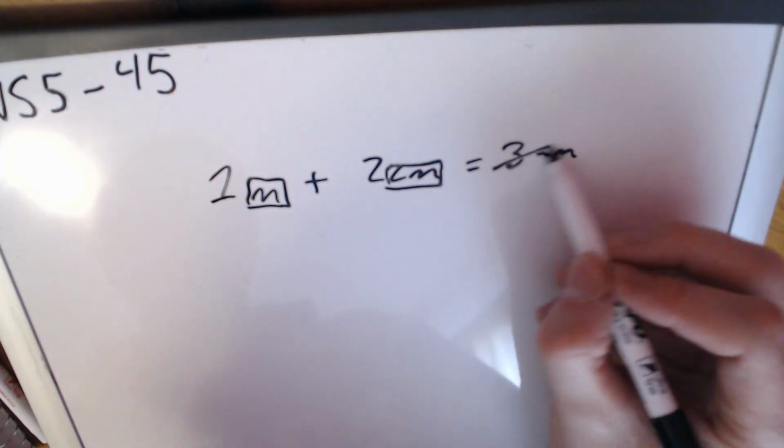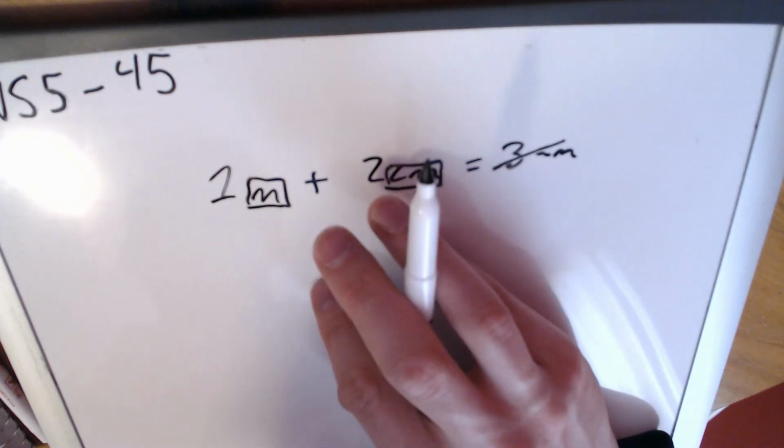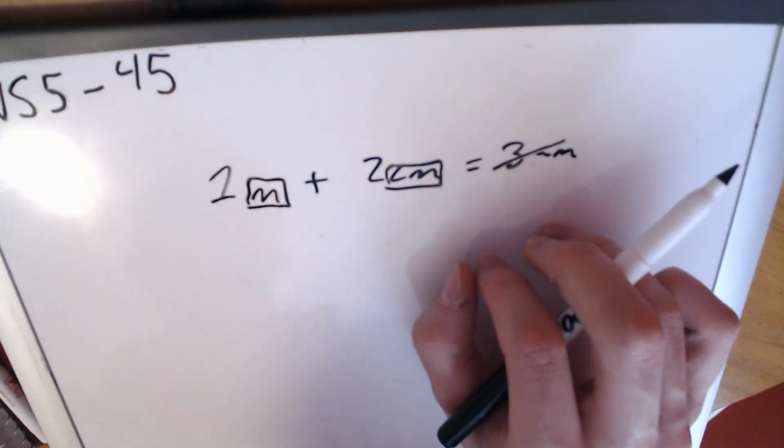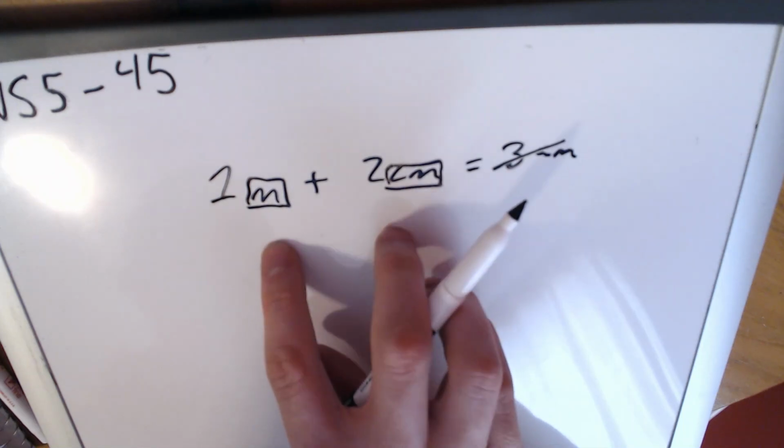This can't be true, right? Because these are different units and they don't add like 1 plus 2 equals 3. In reality, we can't add these together as they are.